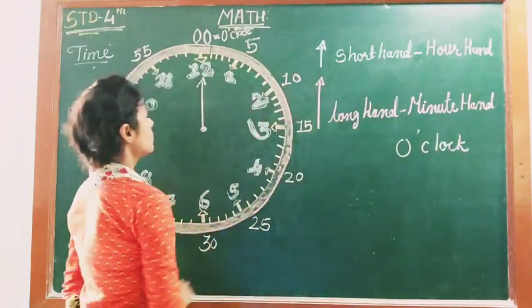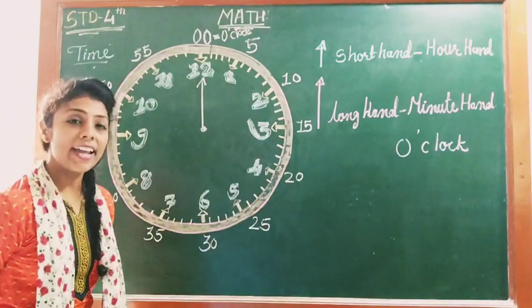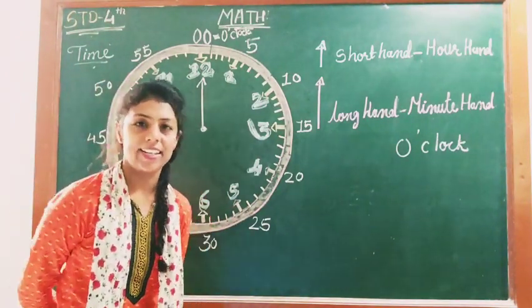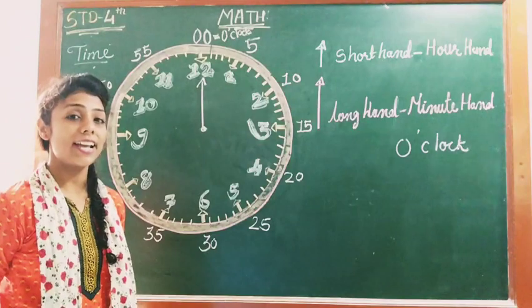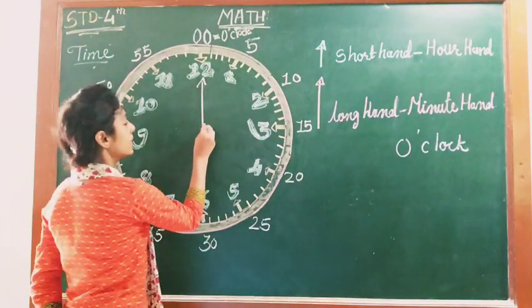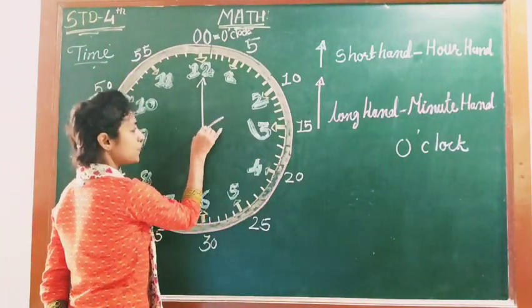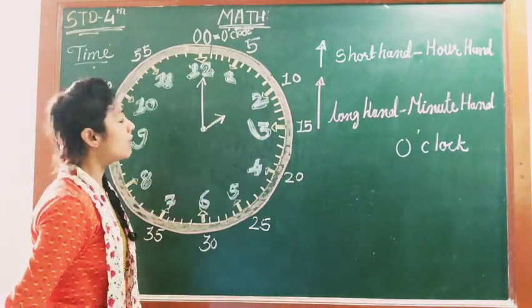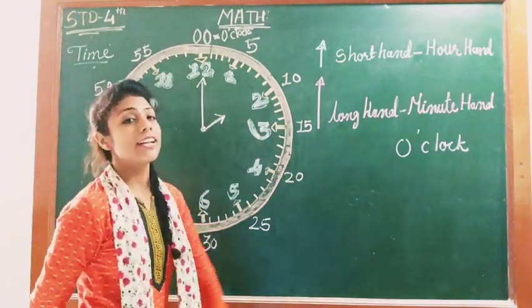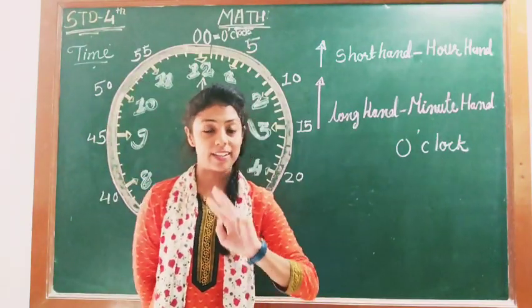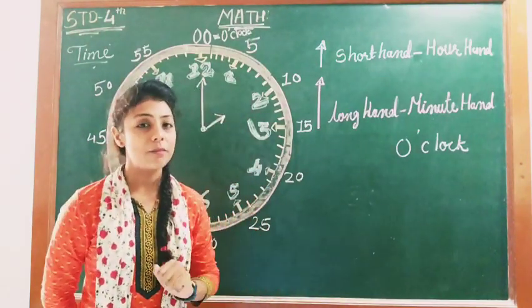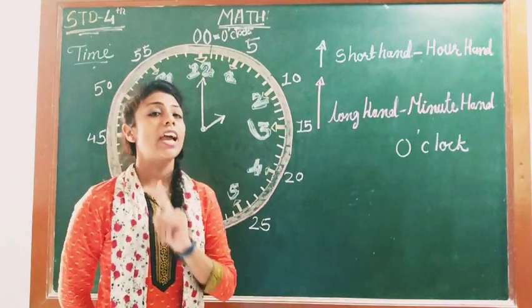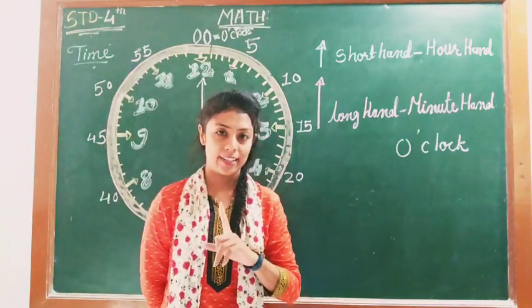Okay, so if the minute hand is at 12 and our hour hand, the short hand, is at 2. There are three steps to see the time. First step, we have to see the hour hand.